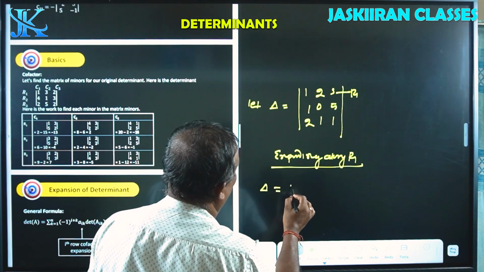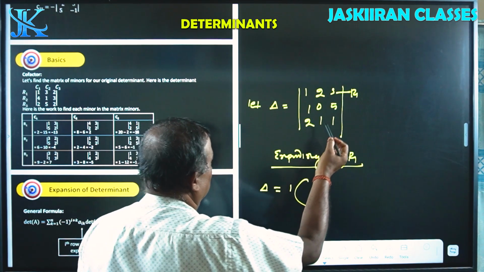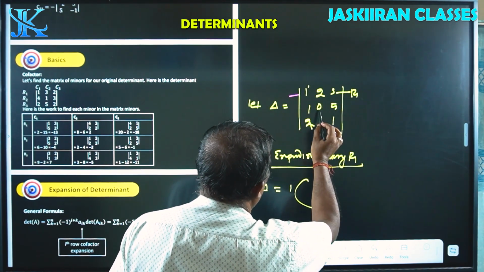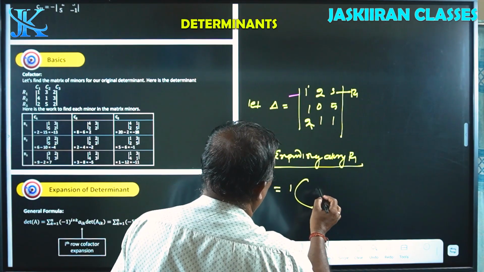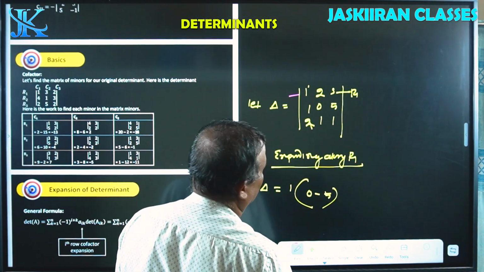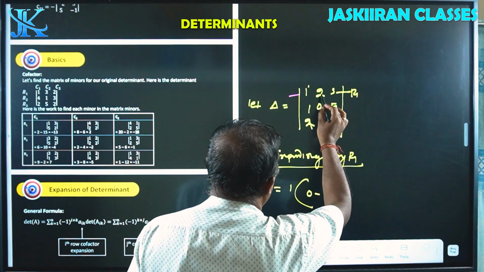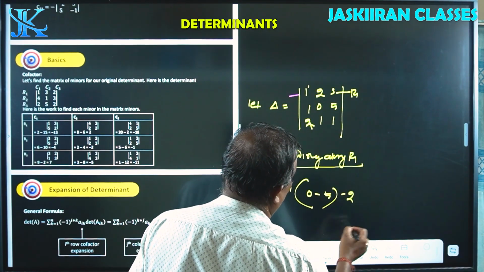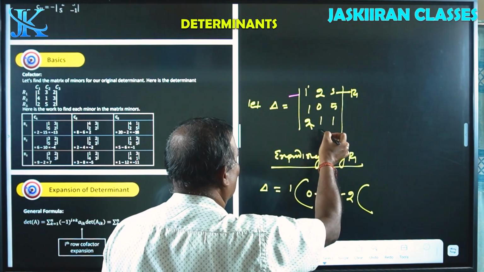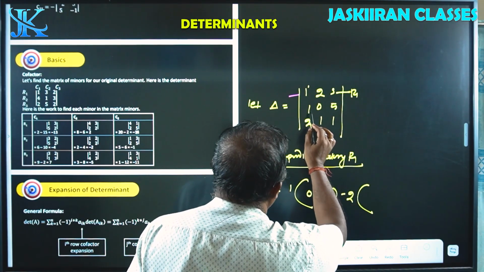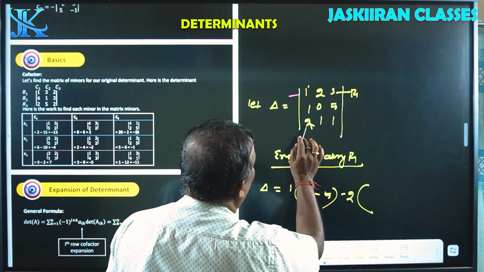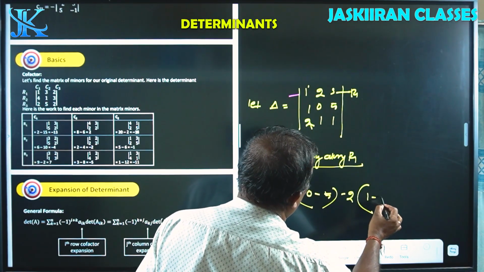It equals 1 times, omitting column 1 and row 1, the determinant 0, 5, 1, 1, that is 0 minus 5. Then the sign of 2 is minus. Omitting the second column and first row, we get 1, 5, 2, 1, that is 1 minus 10.